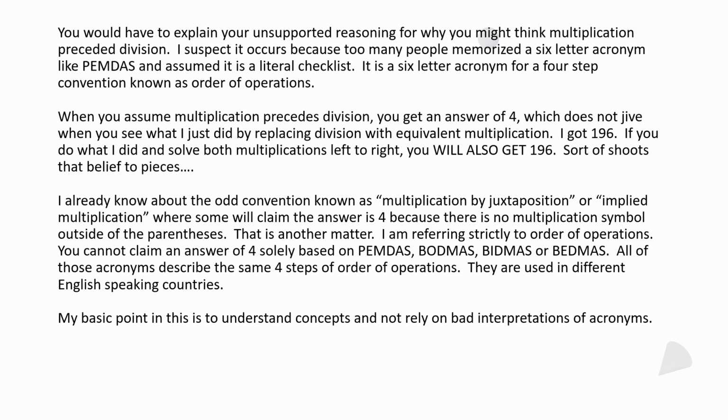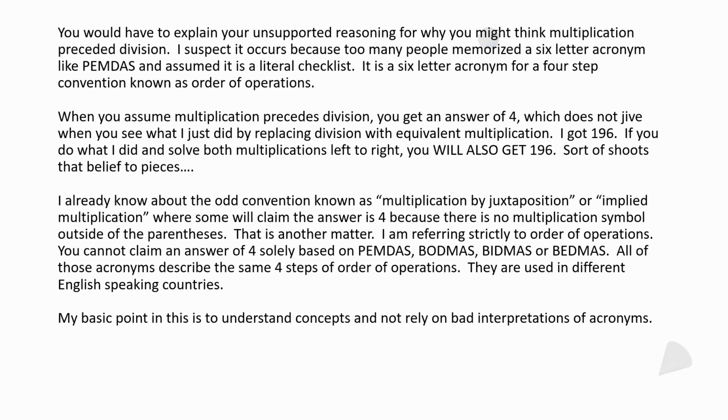Now, you'd have to explain your reasoning for why you might think multiplication preceded division. I suspect a lot of times this reasoning occurs because a lot of people memorized a 6-letter acronym like PEMDAS and assumed it was a literal checklist. It's just a 6-letter acronym for a 4-step convention, which is known as the order of operations.